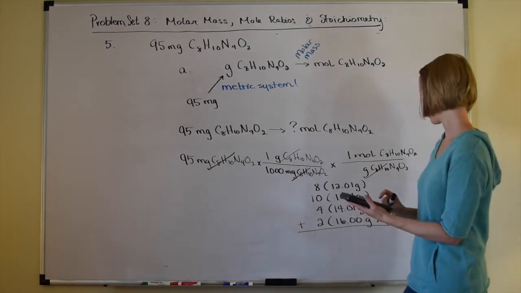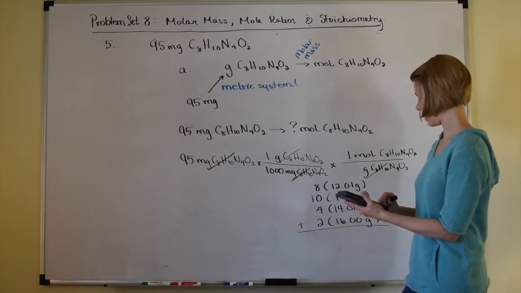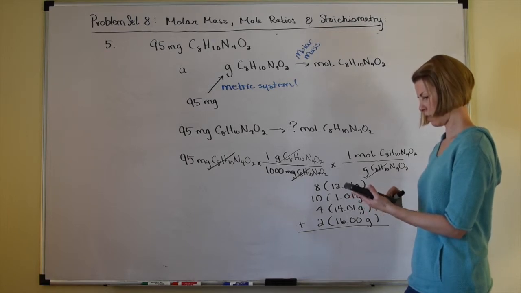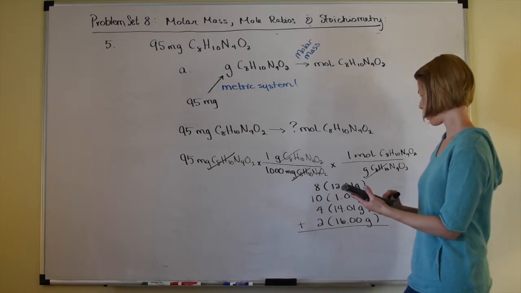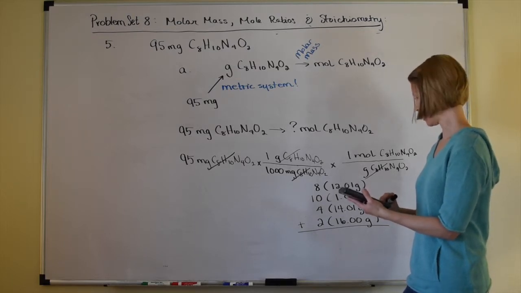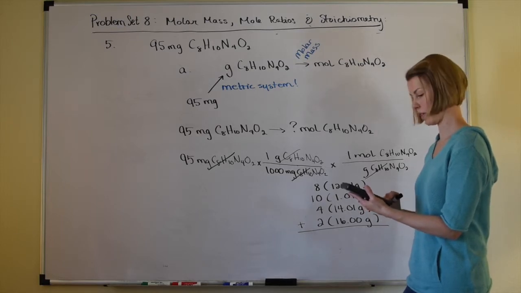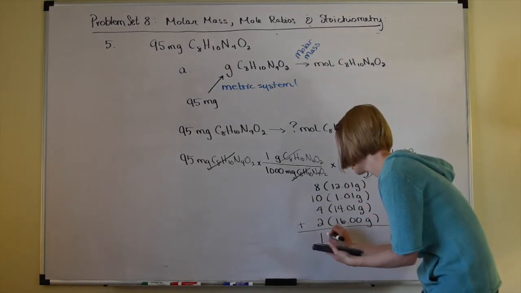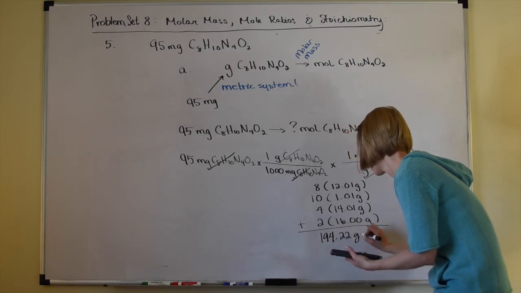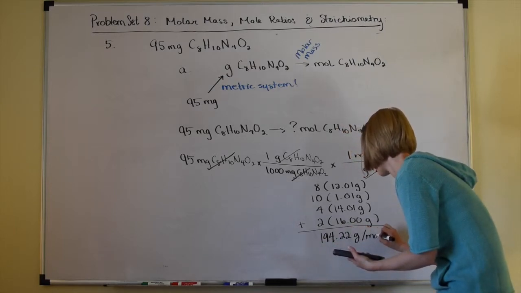So 8 times 12.01, and I'm going to add in the mass for the hydrogen, and then I'm going to add in the mass for the nitrogen, and last but not least, my 32 for the oxygen. 194.22 grams per mole.